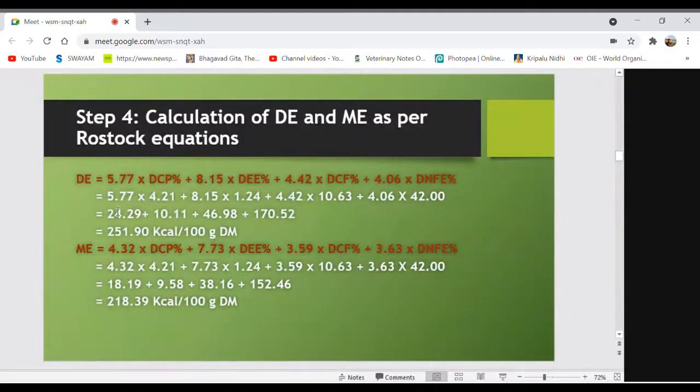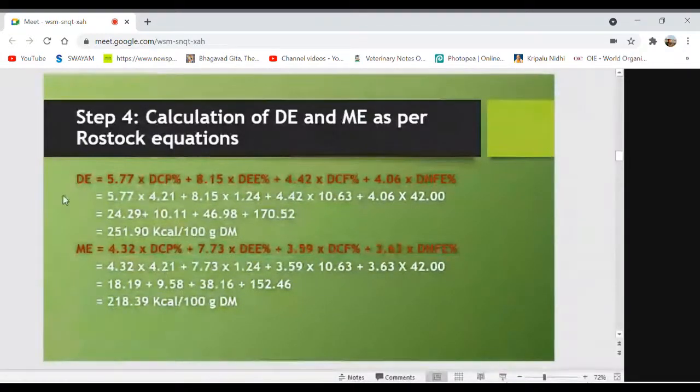For ME, it is different. By putting in the values of different digestible nutrients, you can easily calculate the DE value in 100 gram dry matter. Since these are percentages, the value is 251.90 kilocalories per 100 gram dry matter.